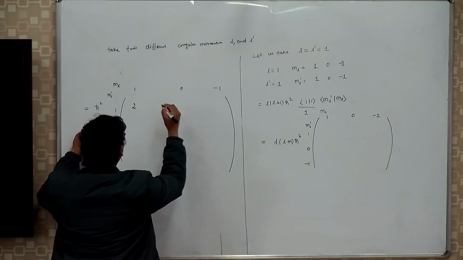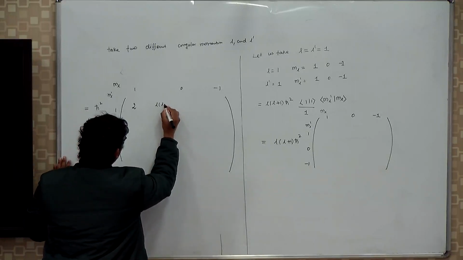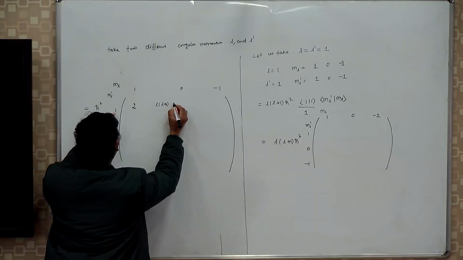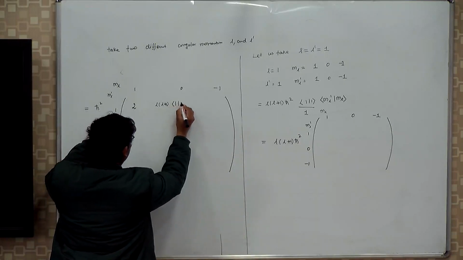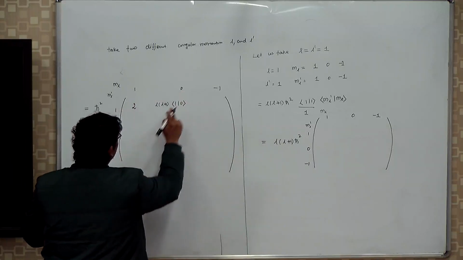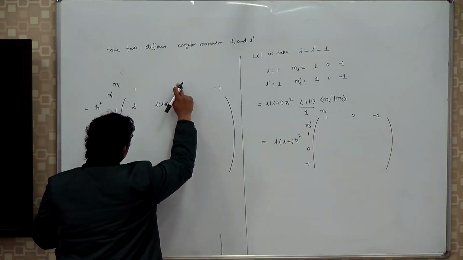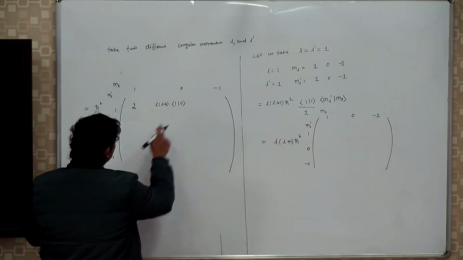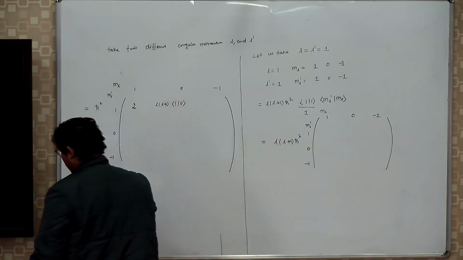Further, writing L into L plus 1, the inner product between 1 and 0. But the value of L here is 0, so if we put L equal to 0, the entire term will become 0.